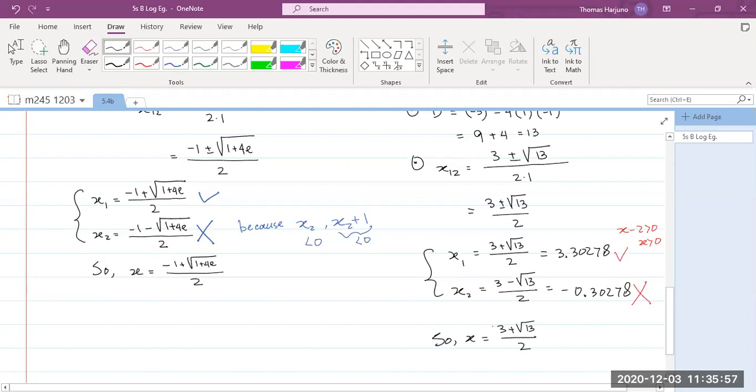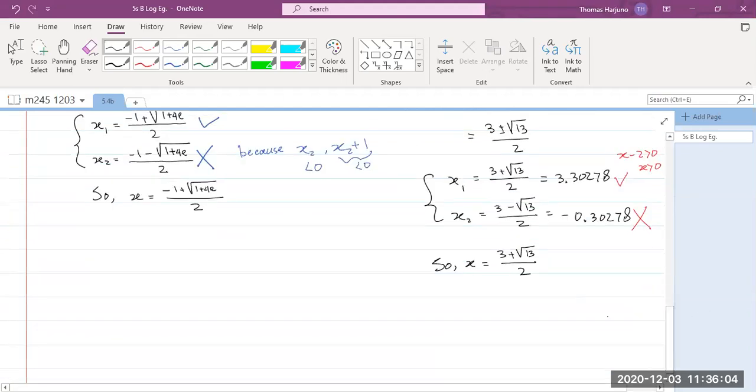Now let me ask you to try question number 108. You do it. Number 108, that is log base 2 of x plus log base 2 of x plus 2 equals log base 2 of x plus 6.